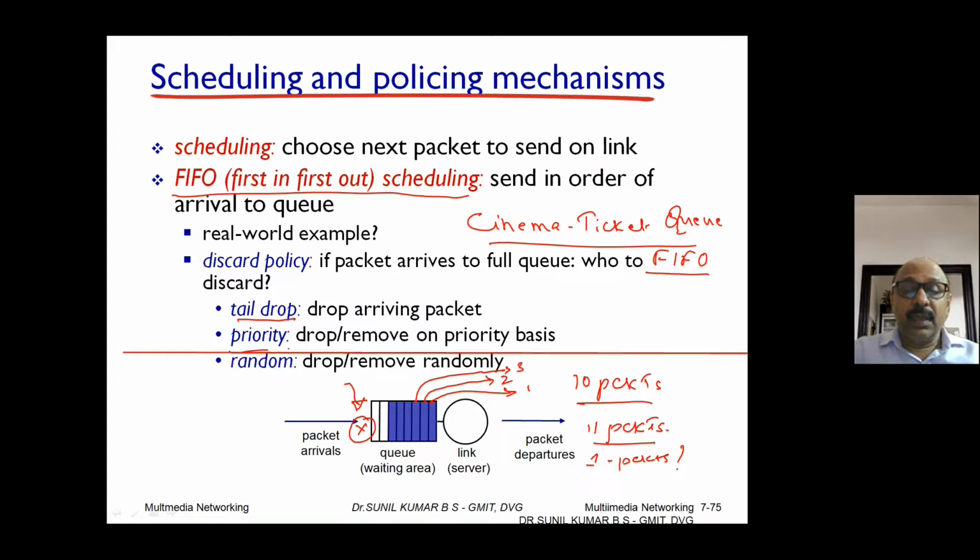Removing packets from the queue is on a priority basis: first come is given first service, second come second service, and third come third service. There are occasions when other possibilities exist. Random drop is also a case, but it rarely occurs in first in first out.